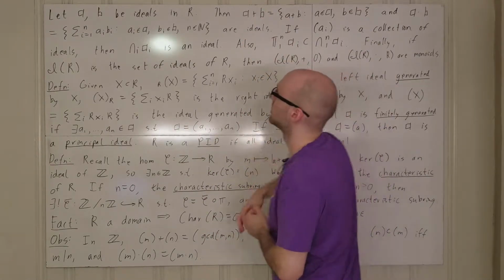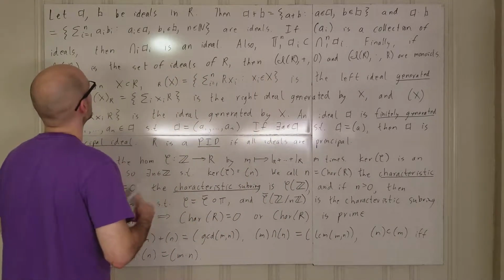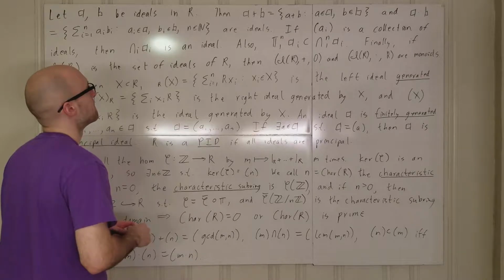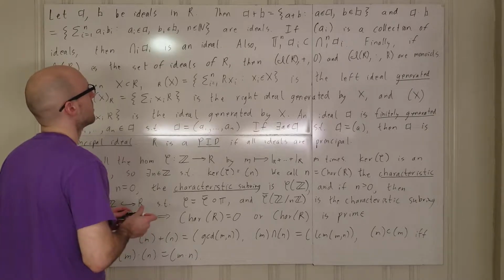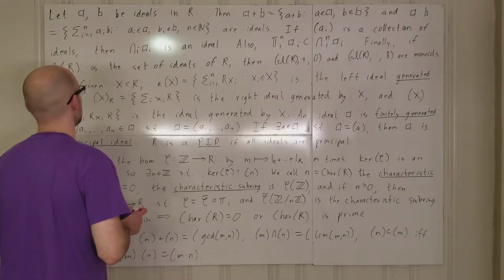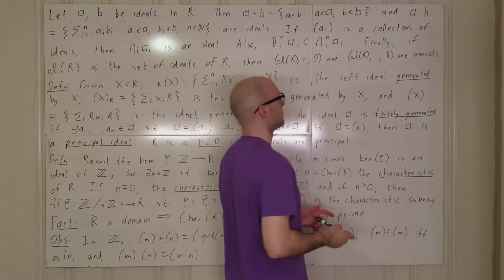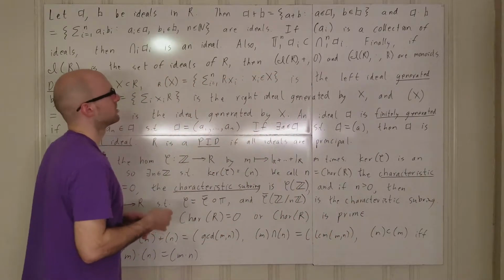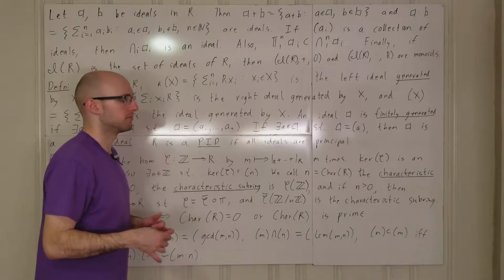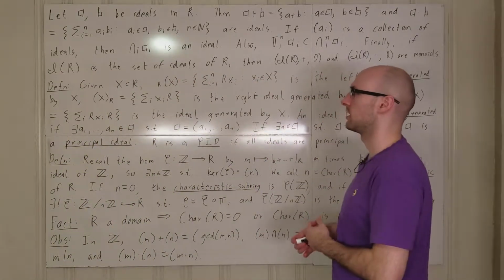For this one, if you were to look at BA, for some reason it's not quite so obvious to me that this one will be commutative. But certainly if our ring is commutative, it will be commutative. But other than that, I'm not 100% sure on that.